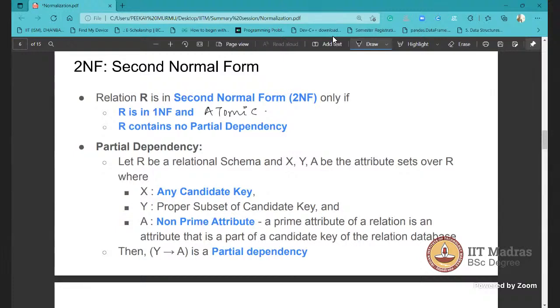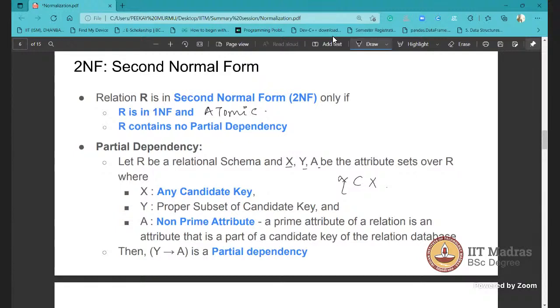What is partial dependency? Let R be a relation schema where X, Y, and A are attribute sets over R, where X is any candidate key, Y is a proper subset of X, and A is a non-prime attribute.